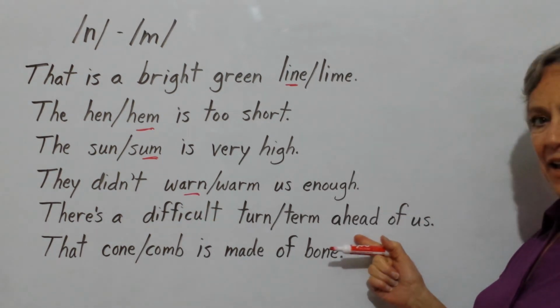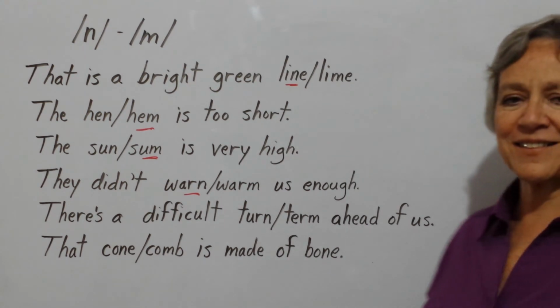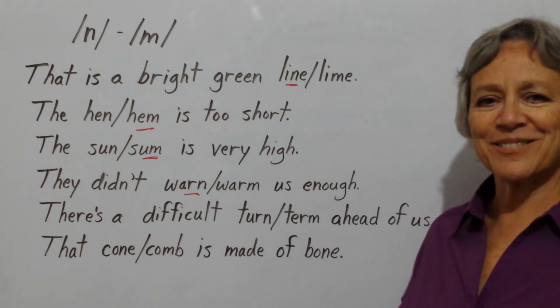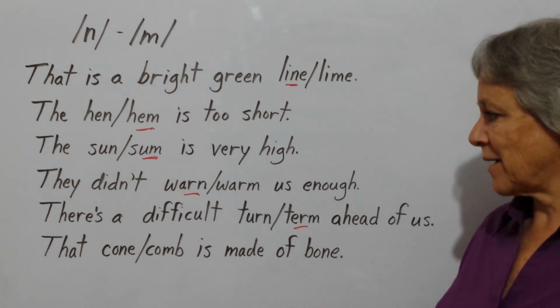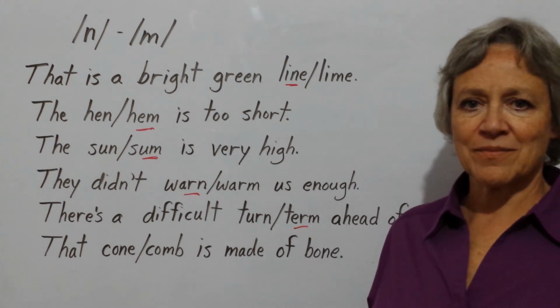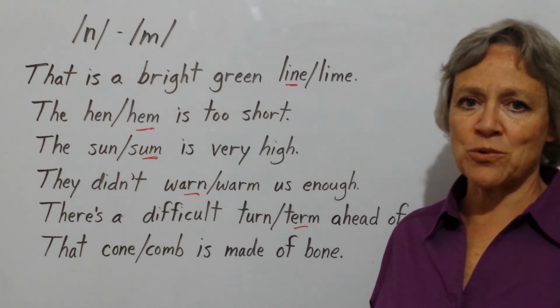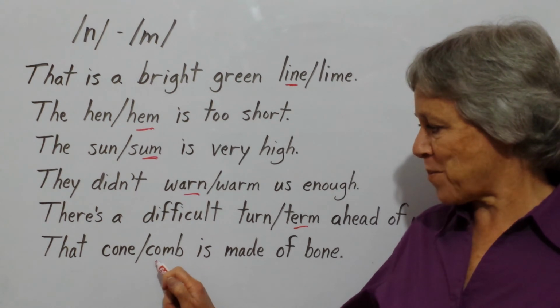Okay, it says ahead of us. Okay. There's a difficult term ahead of us. Which one? Term. That comb is made of bone. Which one? Okay, it was comb.